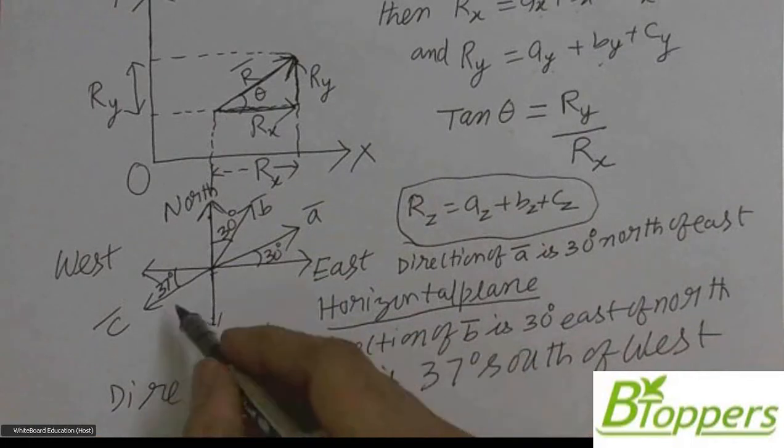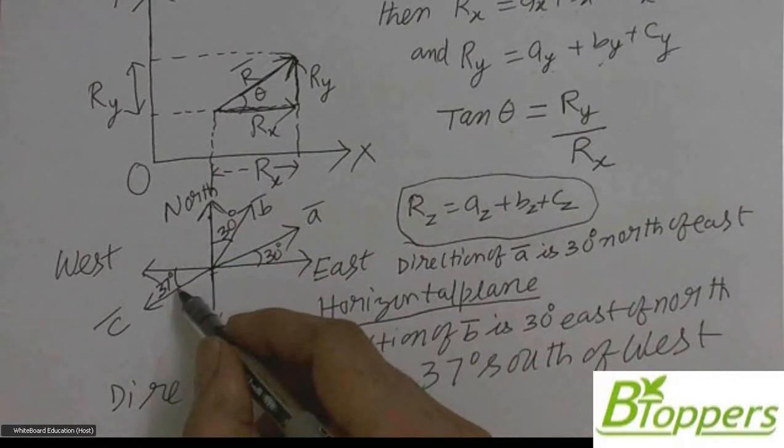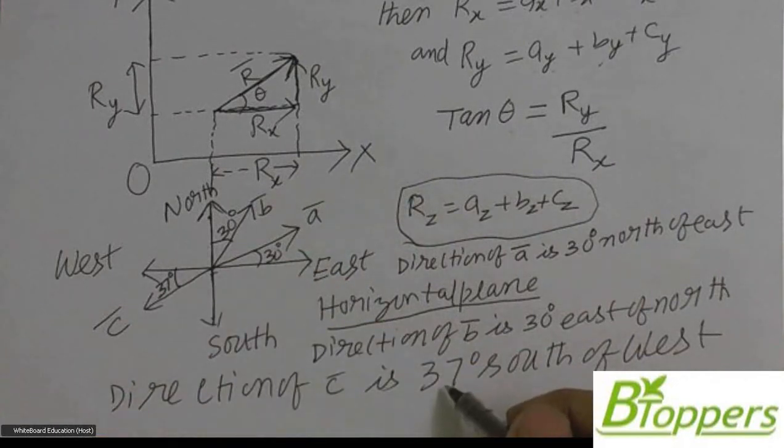South of west means this particular angle is made with the west direction and inclined towards south.